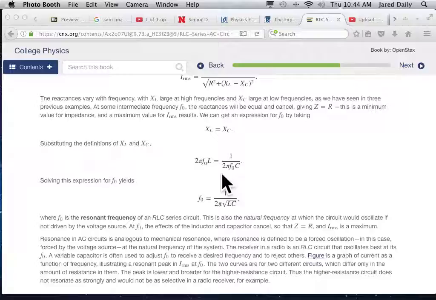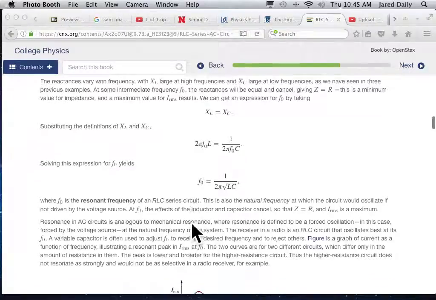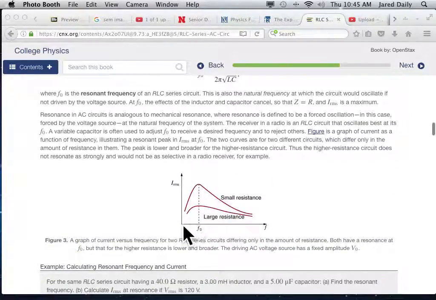If you pick just the right frequency for any inductor and capacitor in an RLC circuit, you can actually make your current become maximum. And that frequency is what we call the resonant frequency. And it's equal to 1 over 2 pi times the square root of the inductance times the capacitance. So for any given RLC circuit that has a resistor, inductor, capacitor, you have a frequency that it resonates at, that it builds up the highest current.